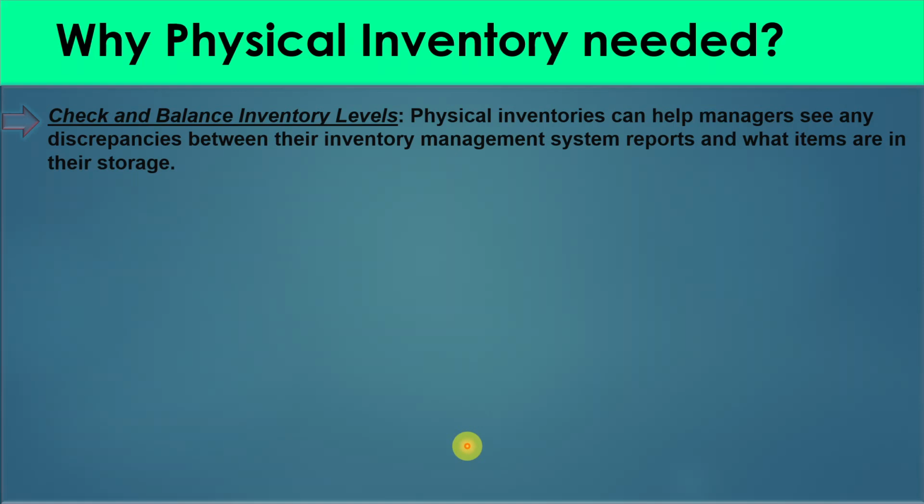Physical inventory can help managers see discrepancies between their inventory management system report and what items are actually available at their storage locations, warehouse or plant level. So it removes that difference and gives a real picture of existing stock.